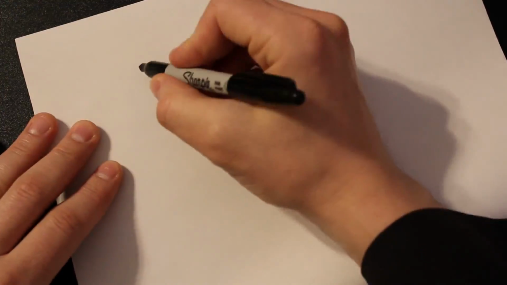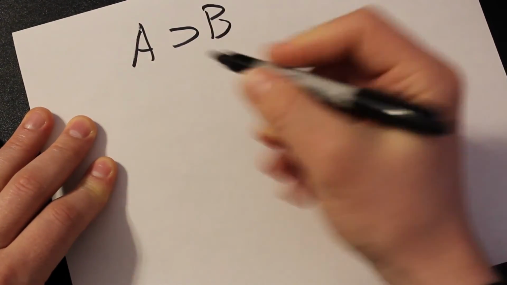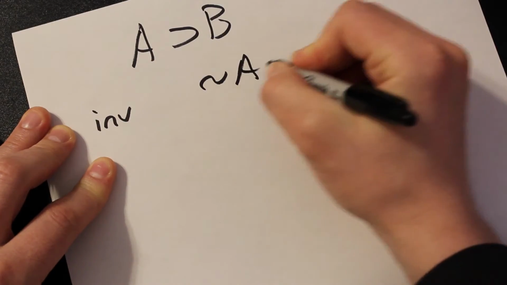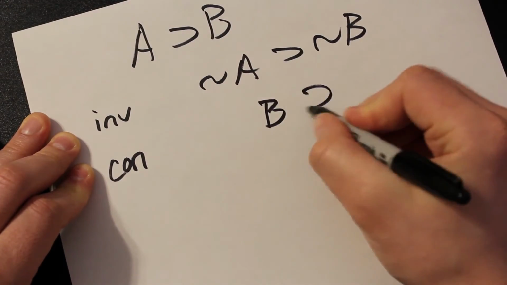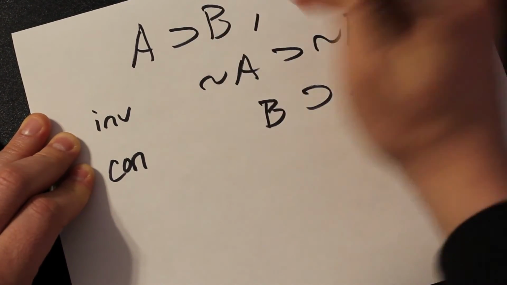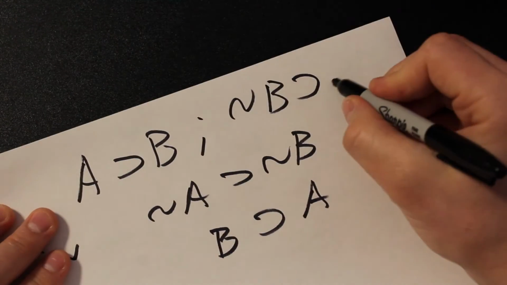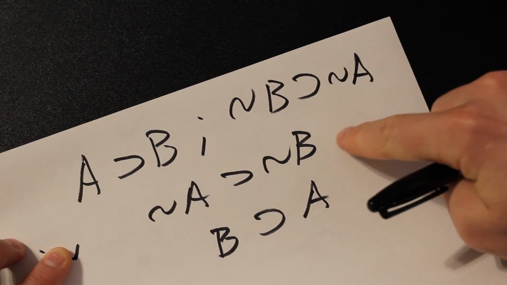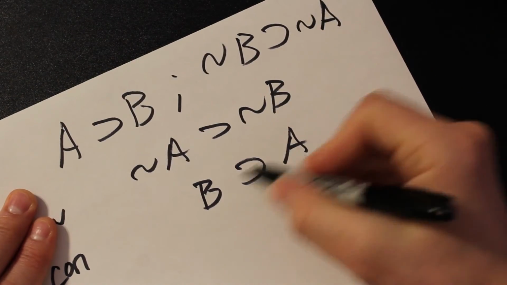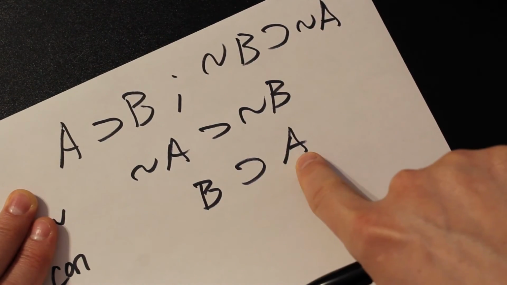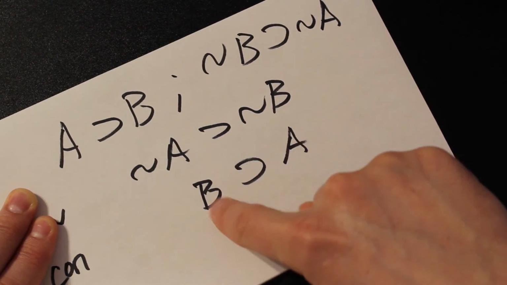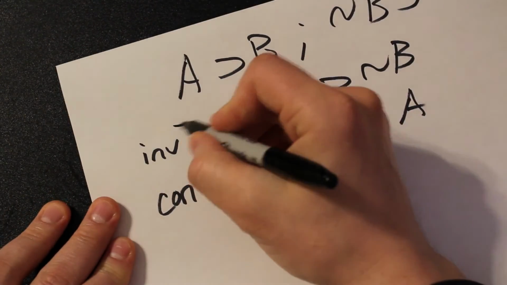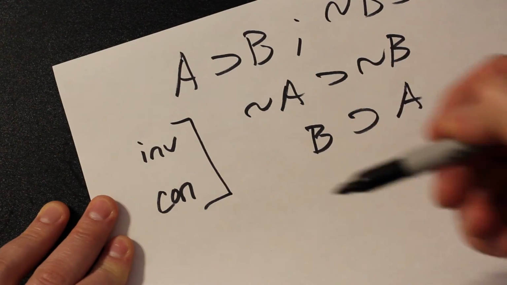That should make sense. If I consider A implies B, the inverse is not A implies not B. The converse is B implies A. The contrapositive was not B implies not A. If I take the converse and take its contrapositive, I negate both and switch: I negate the second one, not A, and then say implies, and I negate the first one, not B. So the converse and inverse are contrapositives of each other.